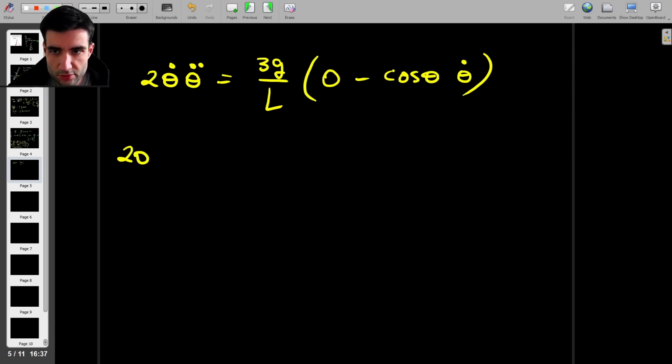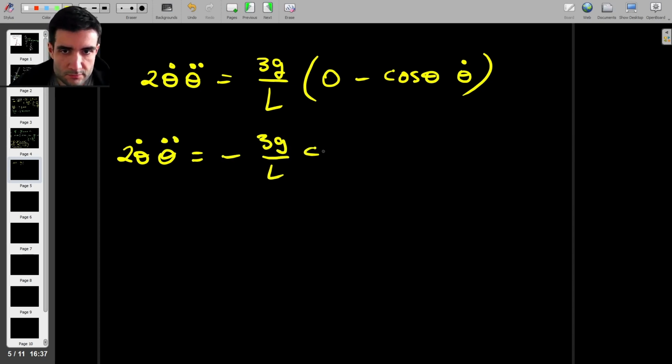So we have 2 theta dot times theta double dot is minus 3g over L times cosine of theta times theta dot.